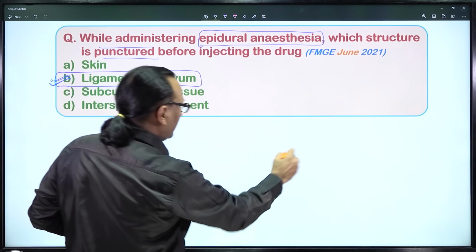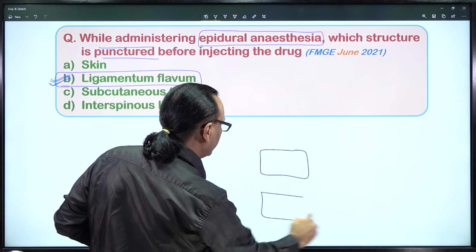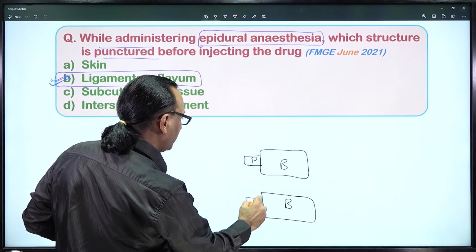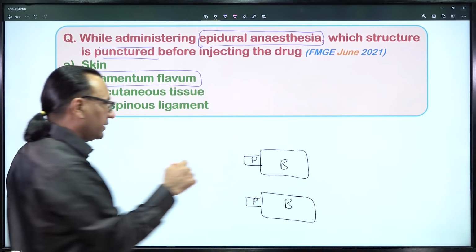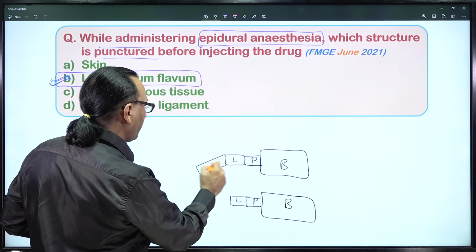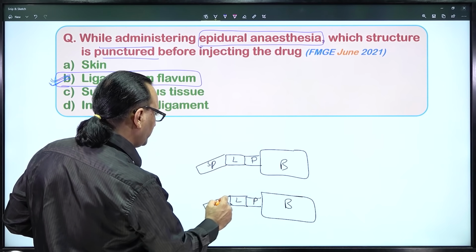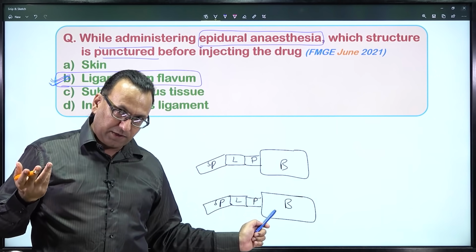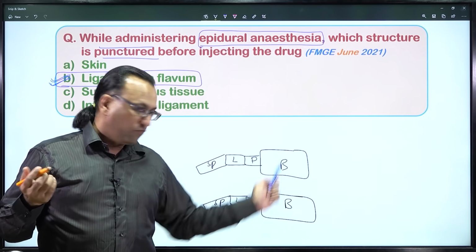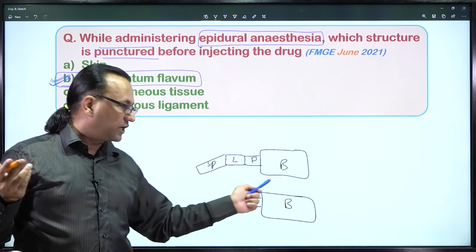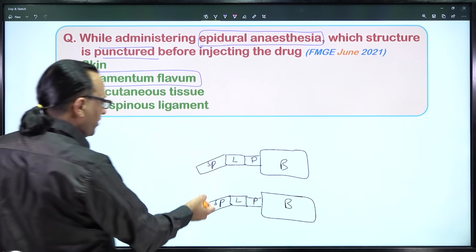You see here, this is the body of the vertebra anteriorly. Behind that comes the pedicle. And what is still behind? The lamina. And what is still behind? The spine of the vertebra. Now, once you have shown the spine of the vertebra, which lumbar vertebra is this? It could be L3-4 or L4-5, it doesn't matter. You can do lumbar puncture or epidural puncture at any level. So which ligament did you puncture?